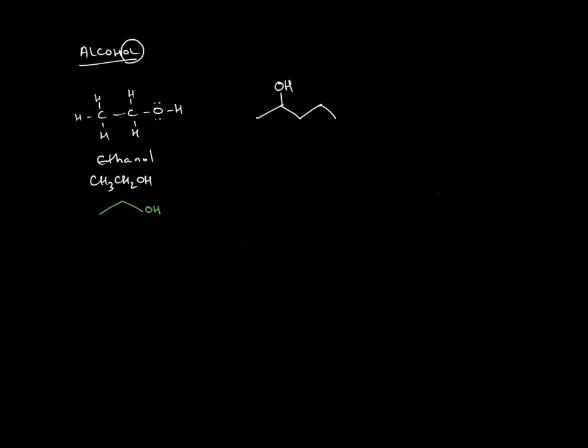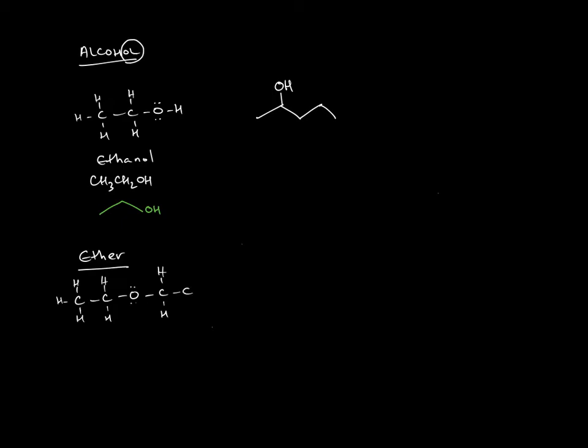All right, the next one is called an ether. An ether might also be a name that you're a little bit familiar with. An ether is a molecule that has all single bonds to oxygens, but instead of having an oxygen attached to a hydrogen coming off the side somewhere, the oxygen is actually between 2 carbons.